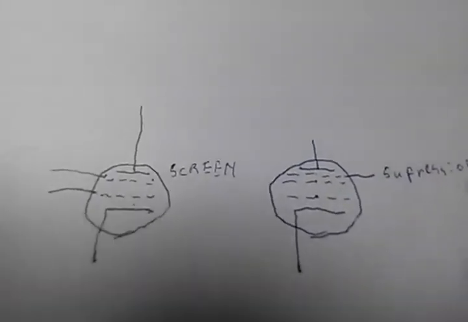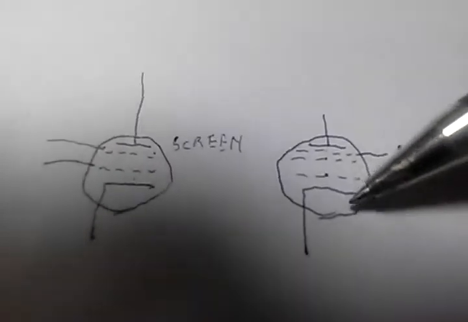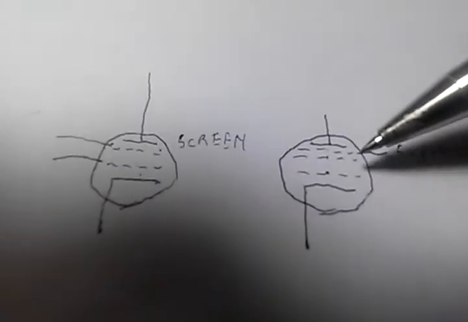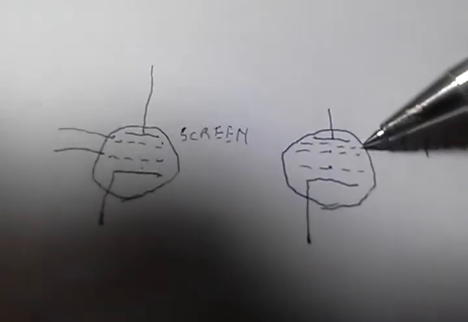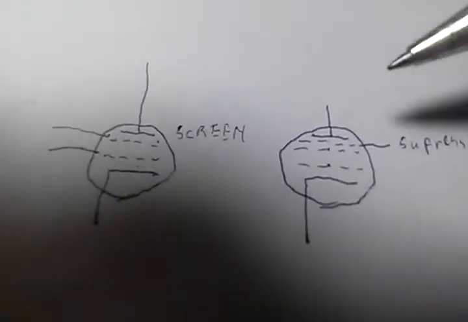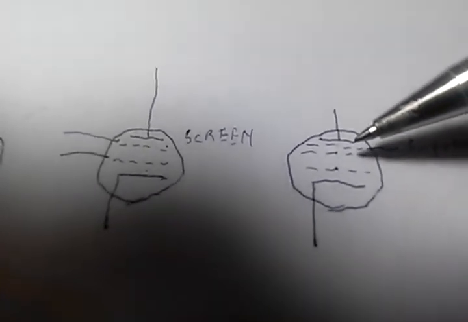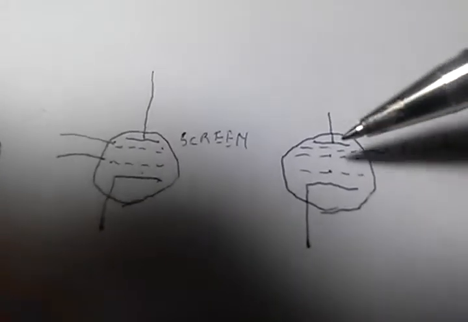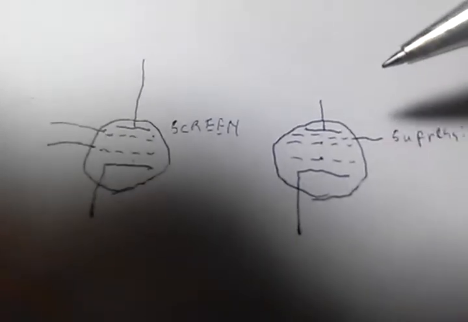Then the pentode, which is the next type of tube, has 5 elements, hence the pentode. Cathode, grid, screen grid, and then what they call a suppressor grid. The suppressor grid is basically to form a potential and to screen the screening grid from the anode.